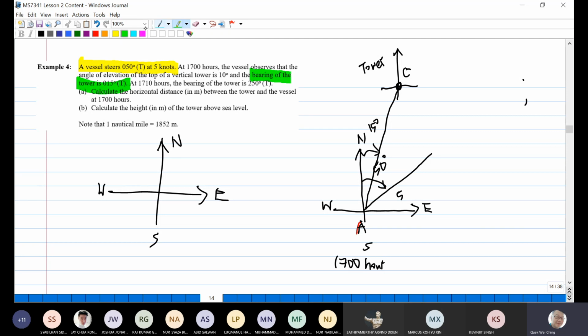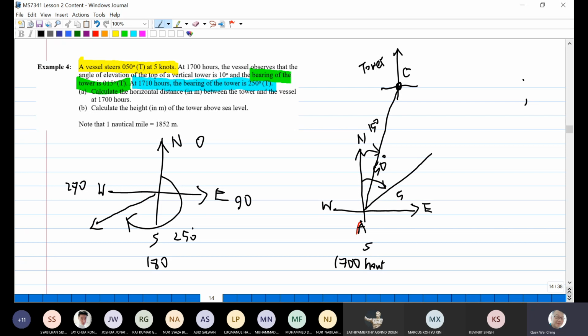At 1710, 10 minutes later, the bearing is 250. 250 is quite easy to draw because this is 0, this is 90, this is 180, this is 250. So 250 is somewhere in this direction, and this is happening 10 minutes later.